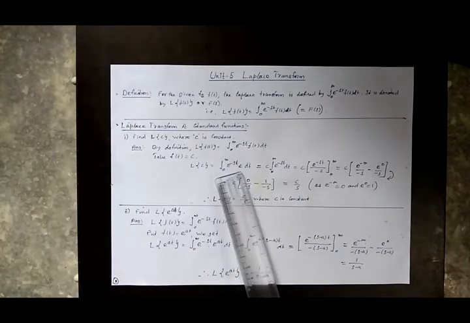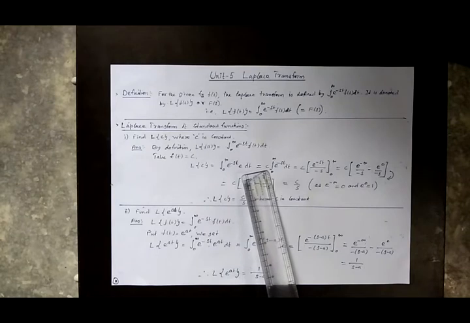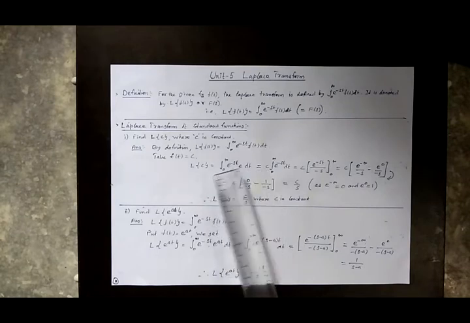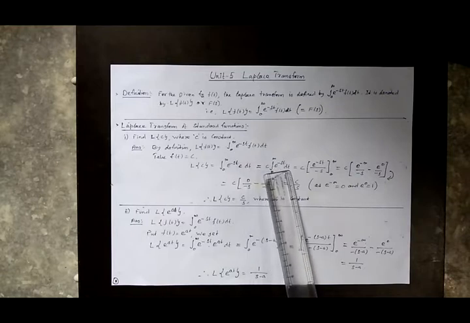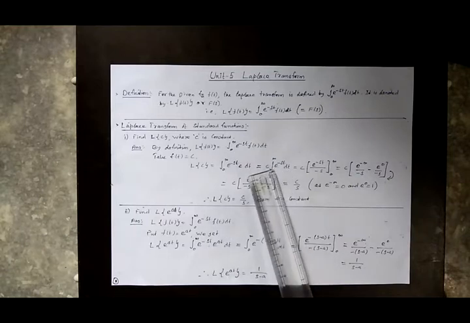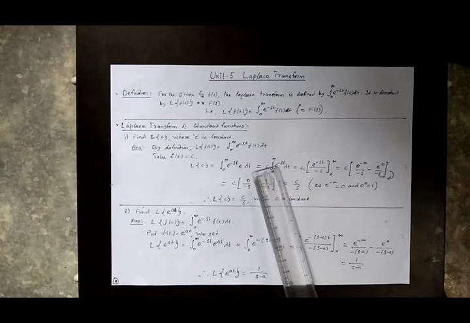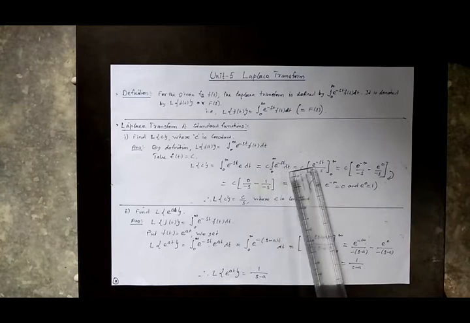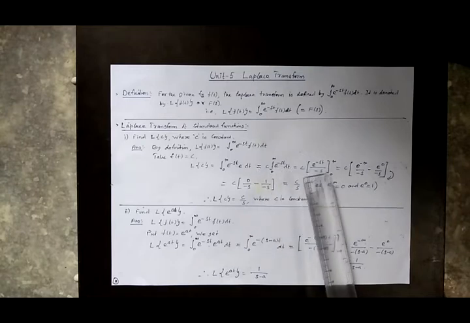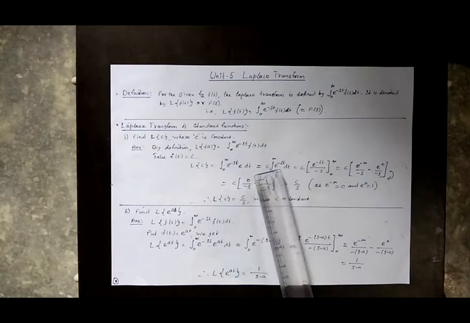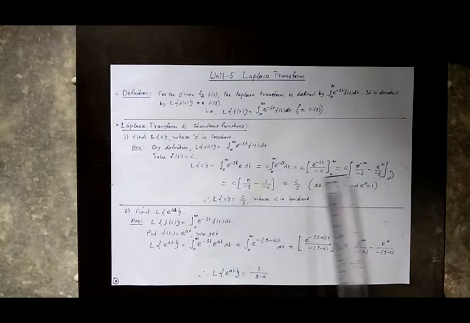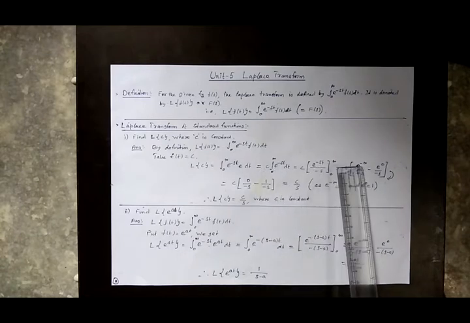Here, since c is a constant, it can be taken out of the integral. So we get c times the integral from 0 to infinity of e power minus st dt. If you integrate e power minus st with respect to t, you get e power minus st by minus s. The integral of e power ax dx equals e power ax by a. Now we apply the limits.